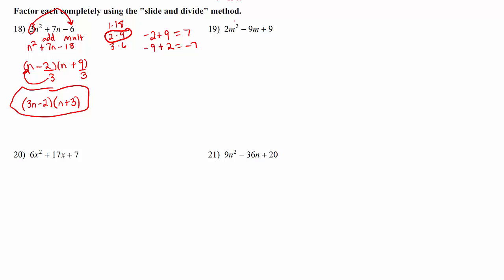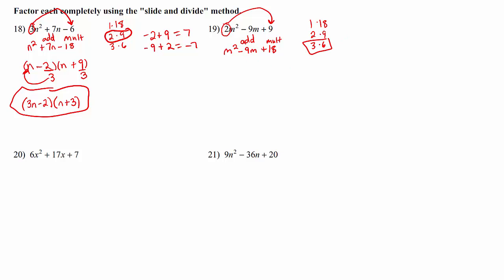So 19, slide the 2 over to the 9 and get m squared minus 9m plus 18. We're looking for what multiplies to get 18 that will add to get -9. So 18 again, so same factors. And the factors we want this time are 3 and 6.